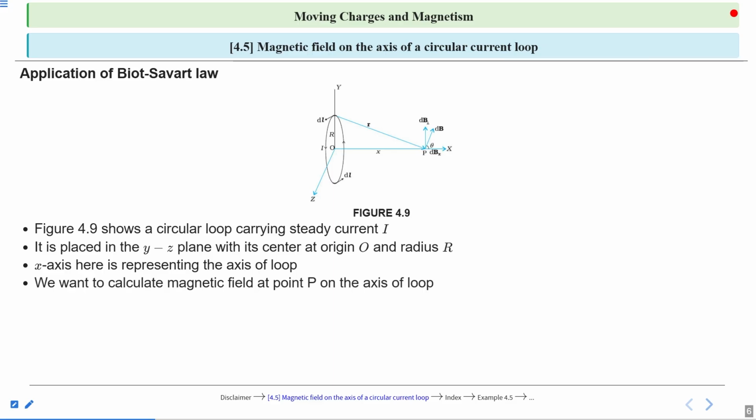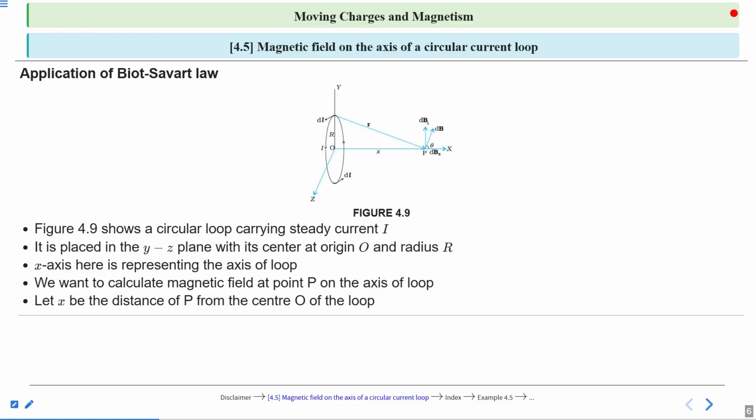So we are going to calculate the magnetic field at point P on the axis of the loop. P is some point on the axis of the loop at some distance x from the center of the loop. So let x be the distance of point P from the center of the loop. Got it? Now you can visualize this diagram.